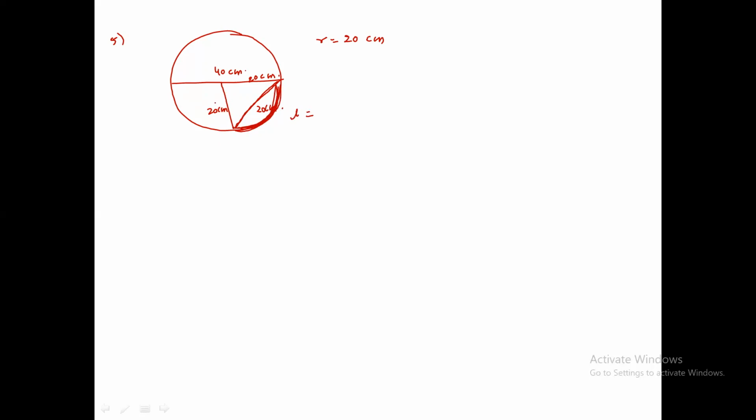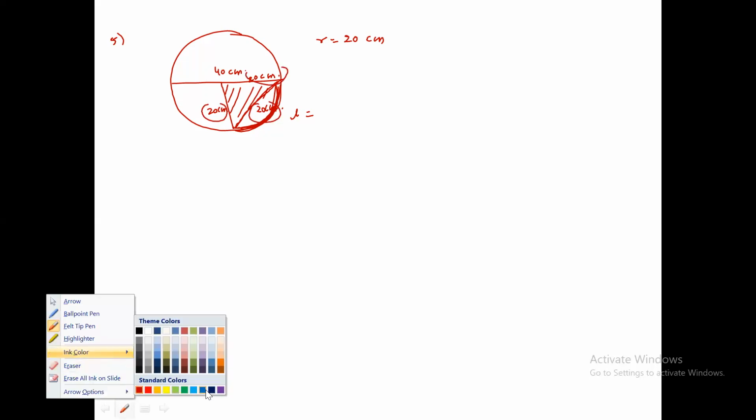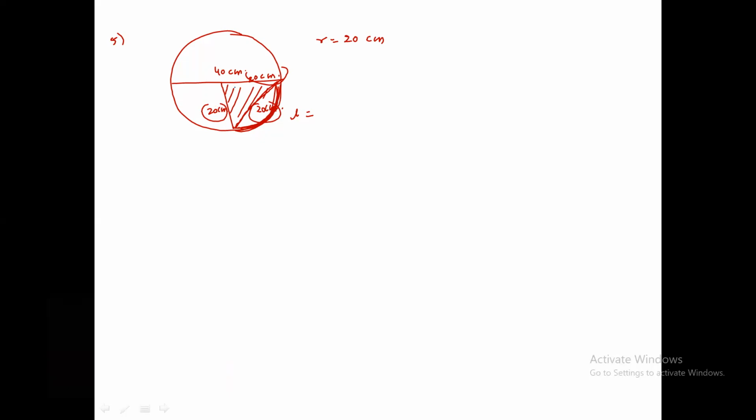First of all, you can see this triangle is an equilateral triangle because all the sides are 20, 20, 20. And we know in an equilateral triangle, every angle will be 60.